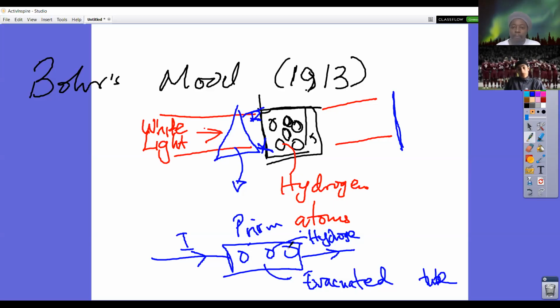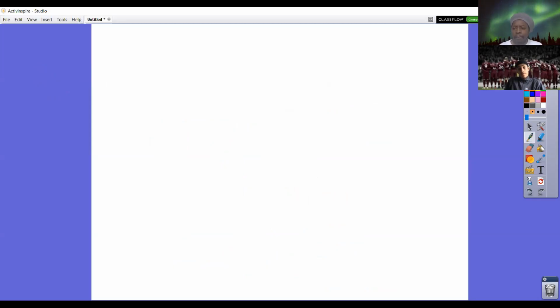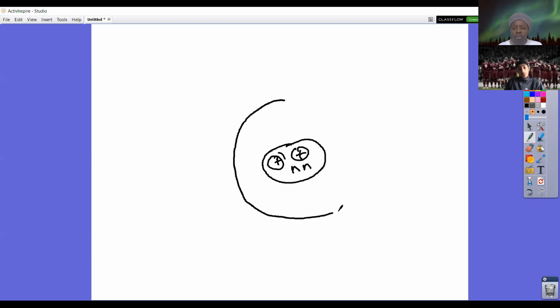Now, in Bohr's model, Bohr said, what must be happening here is we must have a nucleus. So that's my nucleus with my protons, my neutrons. We must have shells in which the electrons live.